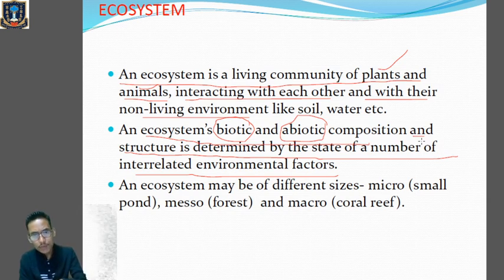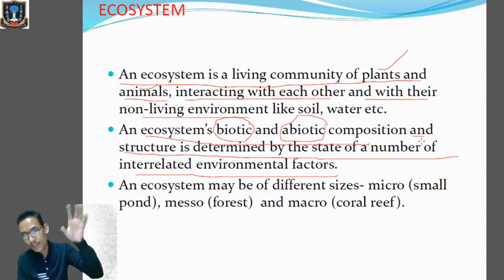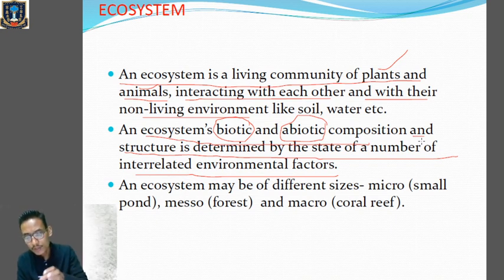But due to the change in one of the environmental factors, fire, if there is a fire in a forest ecosystem, then that forest ecosystem will change into an ecosystem of grasses, herbs, and shrubs. Clear? Actually, it was the tall trees. In the forest ecosystem, we will find the tall trees, a canopy of tall trees. But due to the change in one of the factors, the entire forest ecosystem changes into an ecosystem of grasses, herbs, and shrubs.